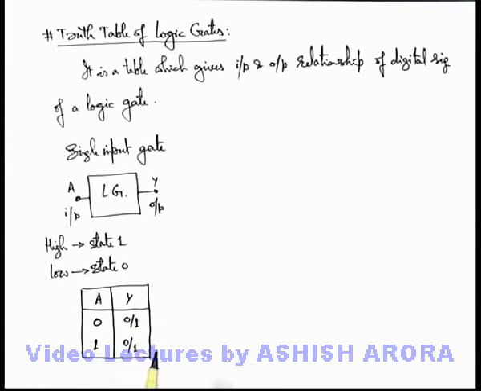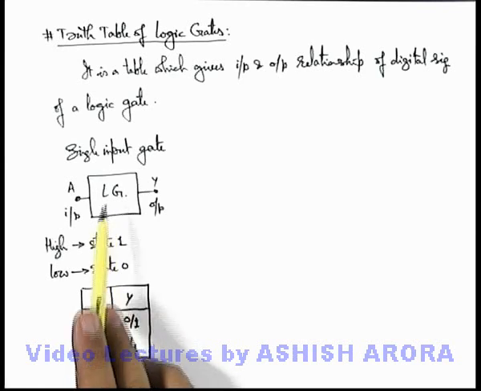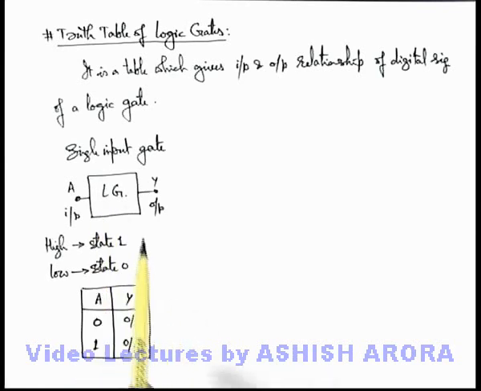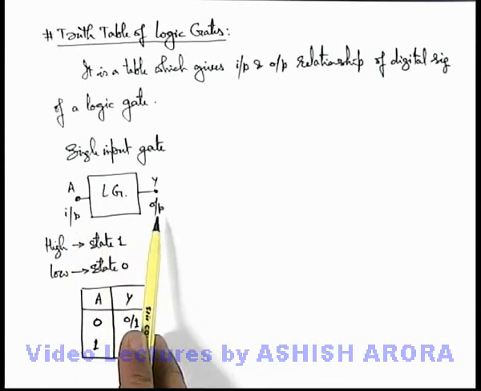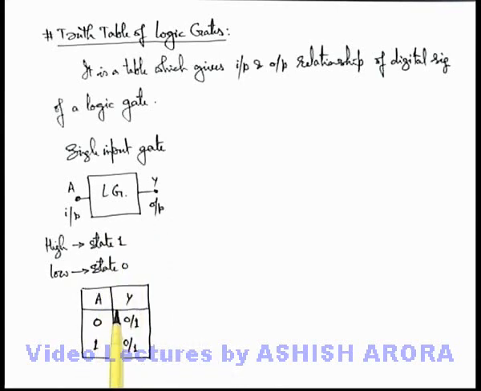Y will take up a specific value depending on the type of logic gate used. So in case of a single input, single output gate, this is the truth table, but in a specific gate Y will have only one value. Here I am taking all the possible values.